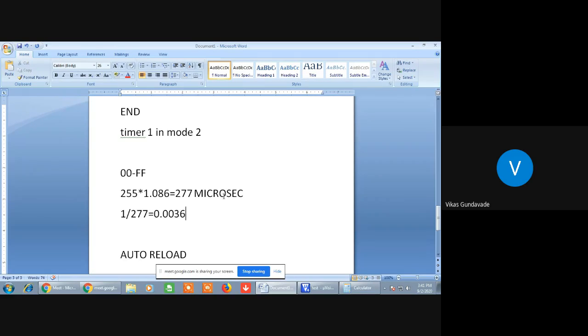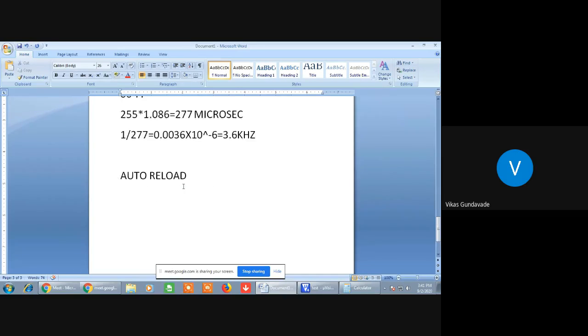It is in microseconds, so it is 10 to the power minus 6. So it is 0.0036 megahertz, or we can write it as 3.6 kilohertz. That will be the maximum frequency which we can generate using the delay.